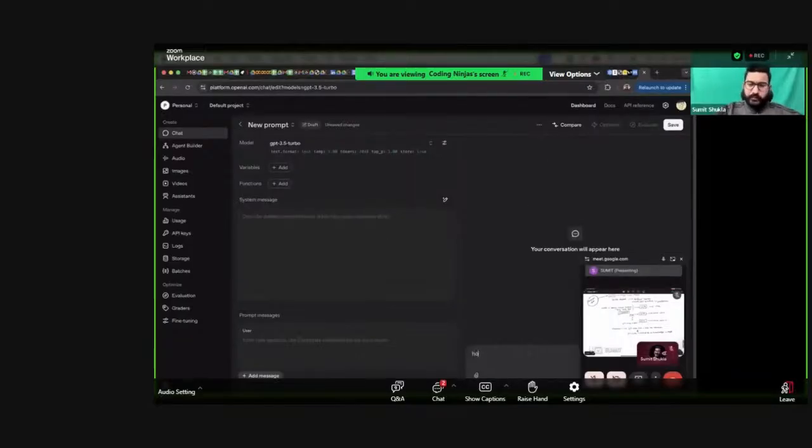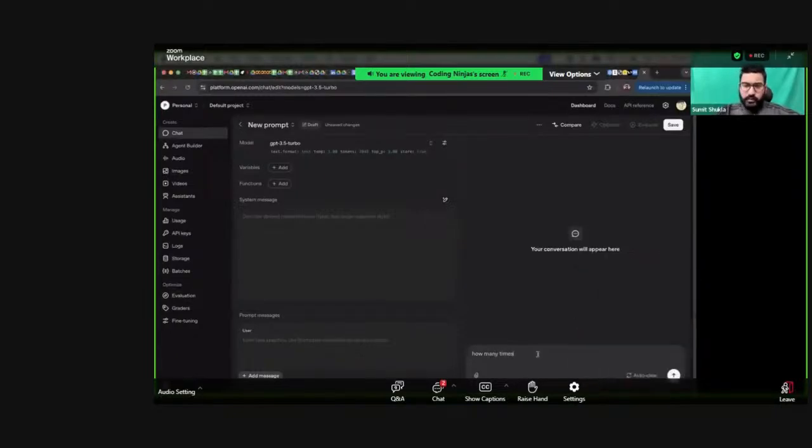The question is, how many times can you subtract 10 from 100? Now what is the answer to this question? You can subtract 10 from 100 9 times. So the answer is 9.